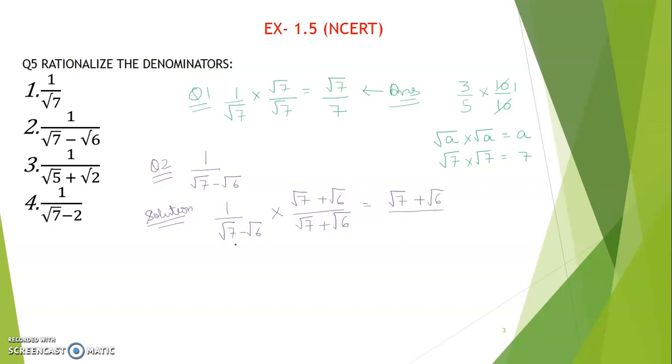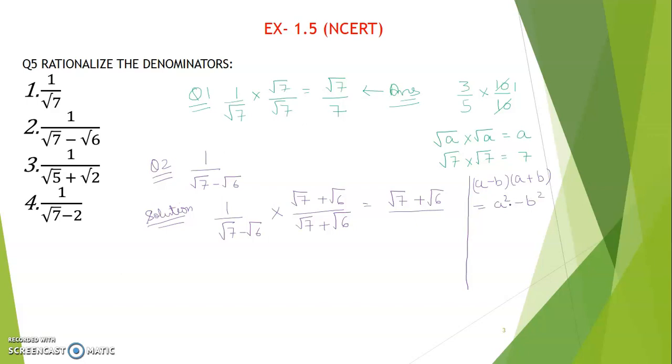Now see here carefully. This is a minus b into a plus b. I explained this yesterday and I am repeating it again. A minus b into a plus b is an identity studied in class 8, which is equal to a square minus b square.